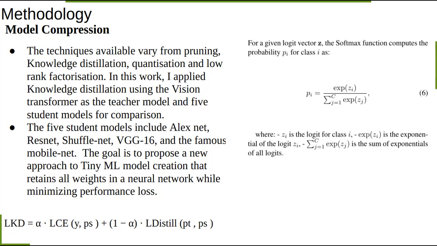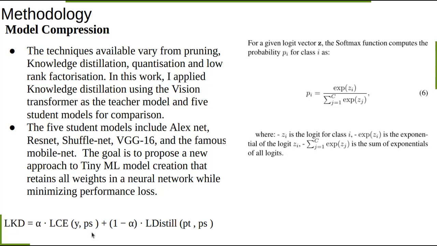So both of them are trained on the data set, and then they come up with predictions. Now those predictions are compared, and then we come up with the distillation loss. That loss is always compared for each validation, and we captured it in our metrics also. Now, the goal is to propose a new approach to tiny machine learning model creation that retains all its neural network while minimizing performance loss.